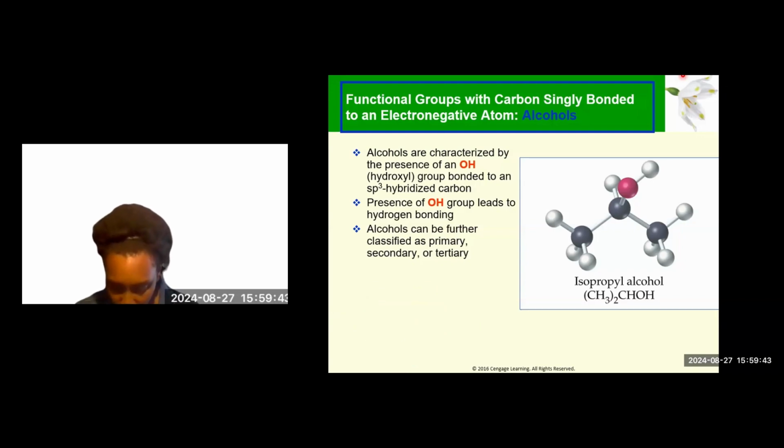So again, alcohols can be classified as primary, secondary, and tertiary, depending on how many carbons are attached to the carbon that is attached to the OH group.